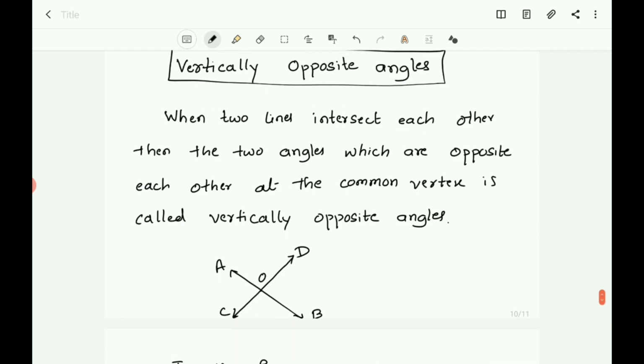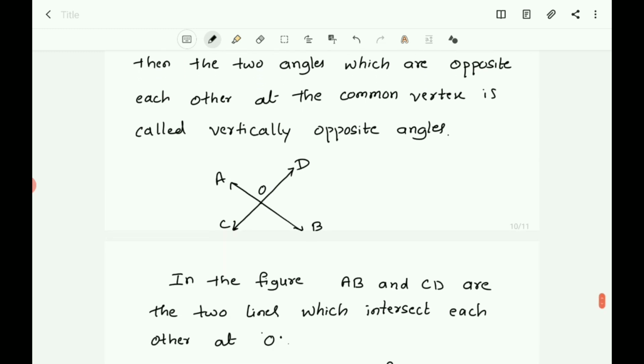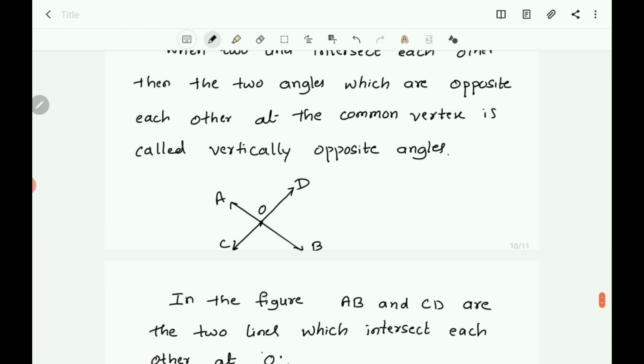See the lines here, AB and CD. In this figure, AB and CD are the two lines which intersect each other at a point O. Here there is a vertex O, and opposite to the vertex you will get two pairs of angles.